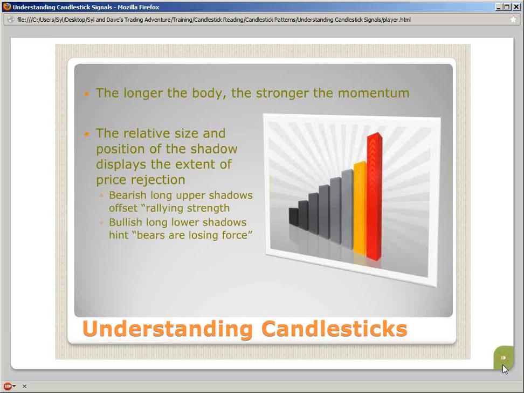The size of the shadows tells you just how much rejection or lack of rejection there might be. So if you've got a bearish, long upper shadow, that really offsets the rallying strength that's behind it. Conversely, a bullish, long lower shadow will hint that the bears are losing force and the bulls are really trying to push this thing higher and reverse it.